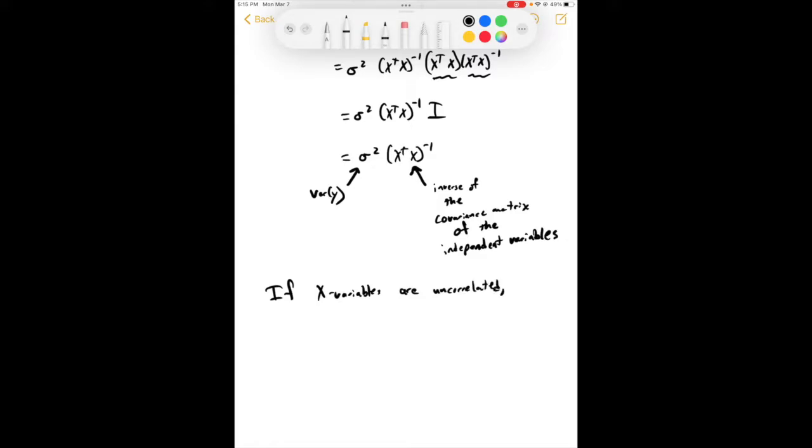If they are uncorrelated, then x transpose x is a diagonal matrix. So x transpose x inverse is diagonal. And of course, sigma squared times x transpose x inverse is also diagonal.